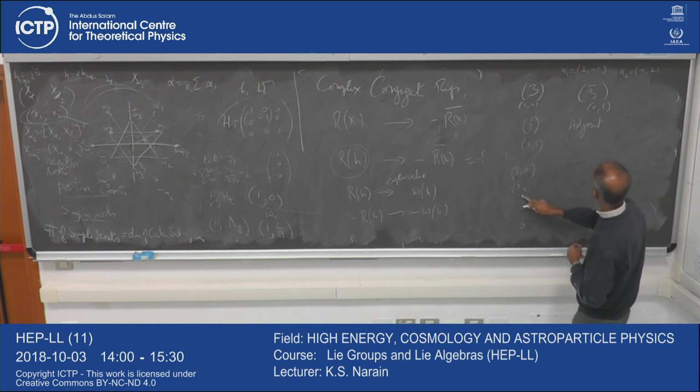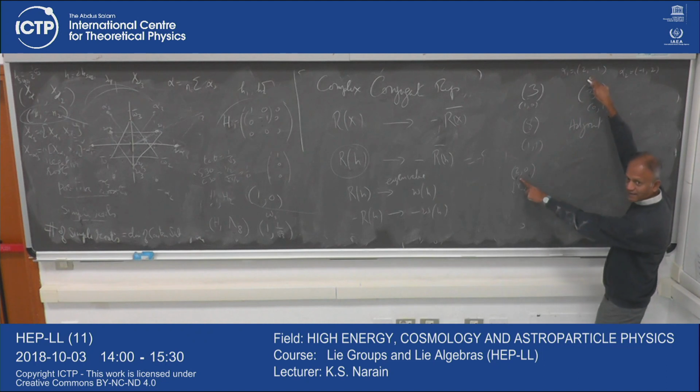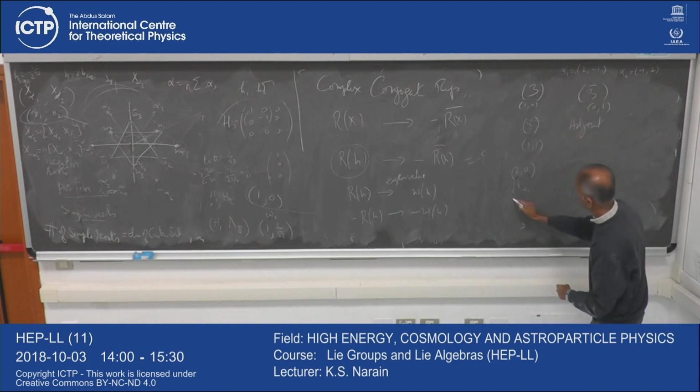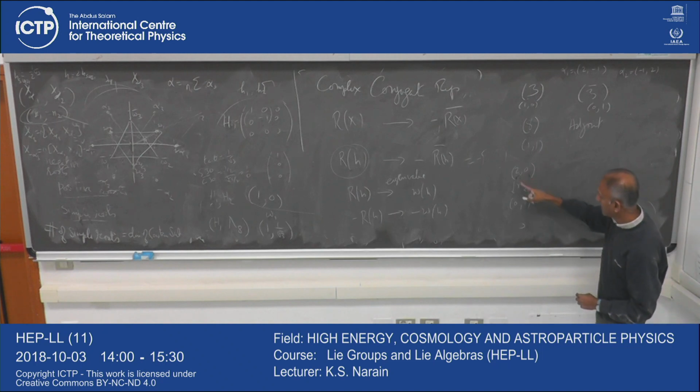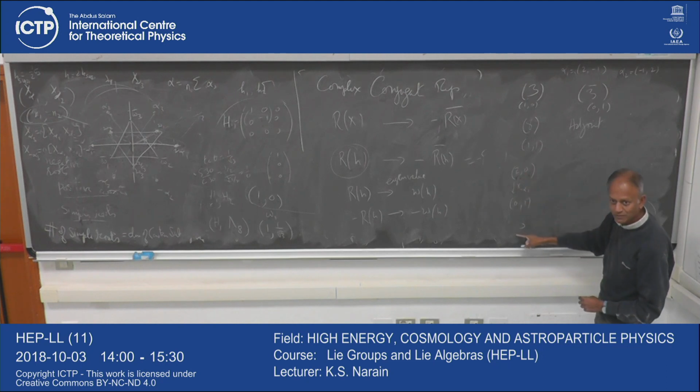So if I apply minus alpha 1, I have to subtract this from here, right? So I will get here 0, 1. Okay. But since I know this is spin 1 with respect to this SU2 subalgebra, I can apply one more. There will be 2, 0, and minus 2. Okay?